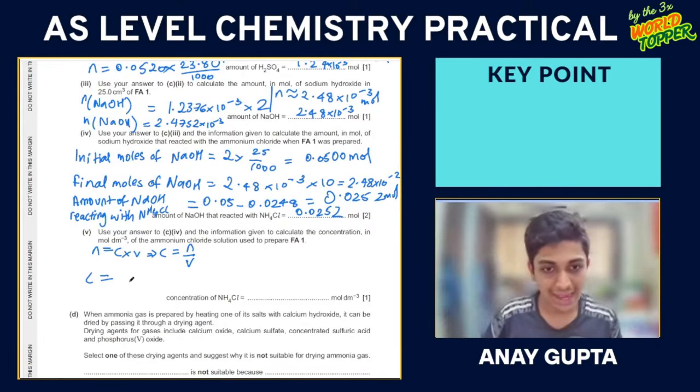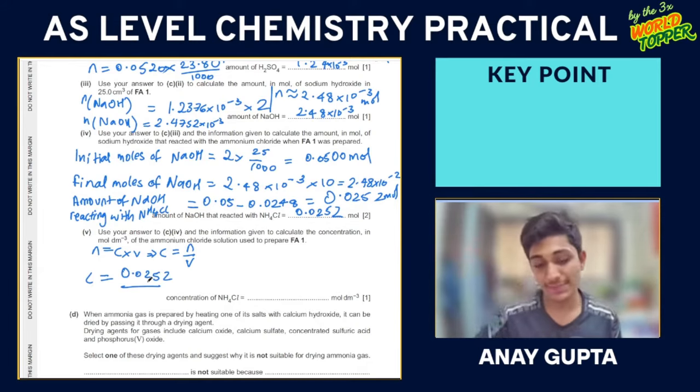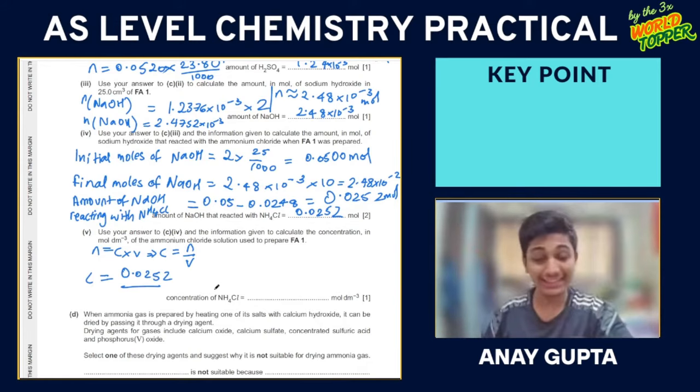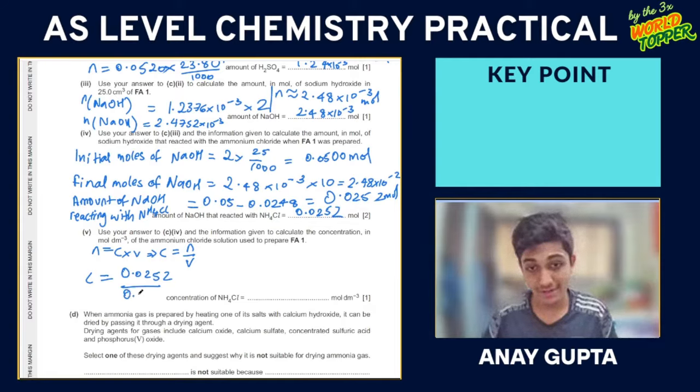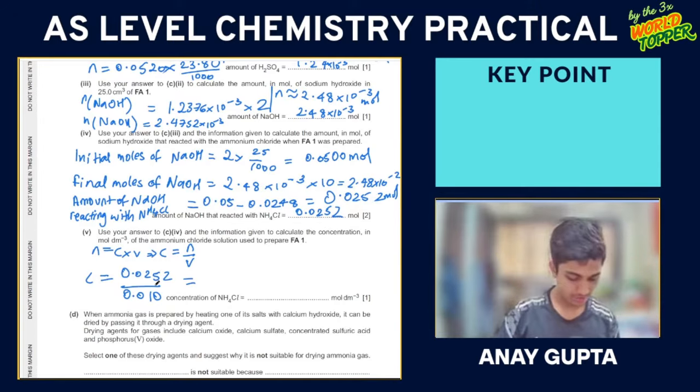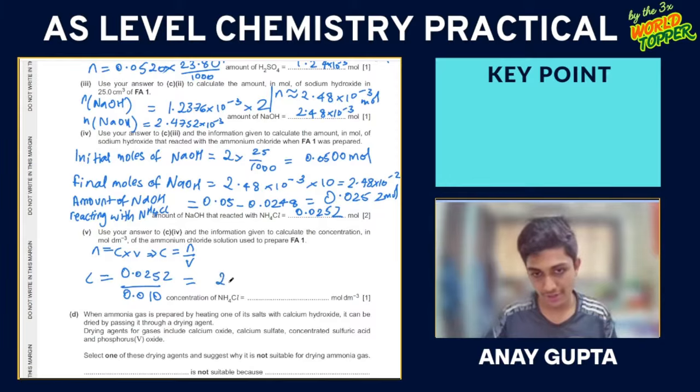Okay, so our n is 0.0252. Now our volume has been given to us, that was 10 centimeter cube. So 10 centimeter cube, if I just convert that into decimeter cube, that would become 0.010, right? Now if I put this equation on my calculator, I get that as 2.52 mole per dm cube.